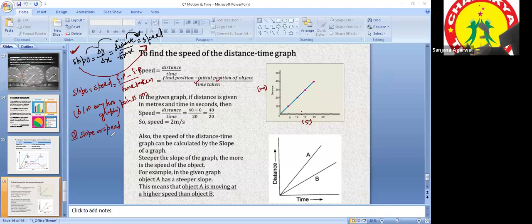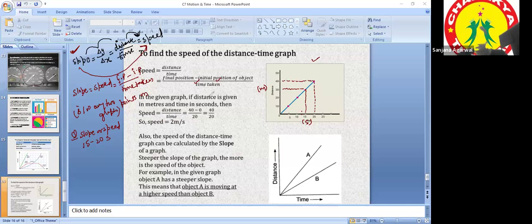Slope or speed from 15 to 20 seconds. Find out the speed of the object between 15 to 20 seconds from this graph. Be quick. On 15 seconds, I can mark the line perpendicular and the corresponding distance value for this 15-second point. And for the 20th second point also, I can do one thing.